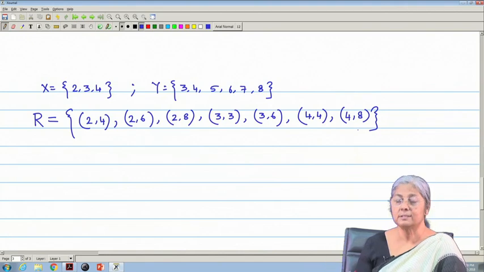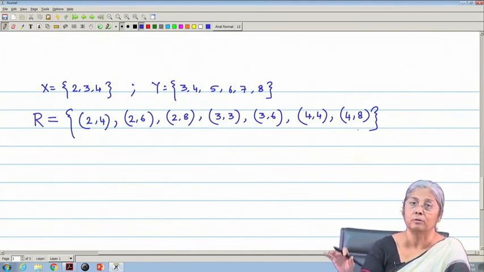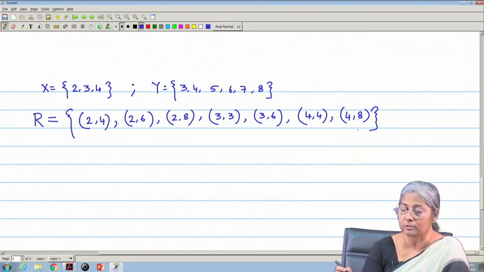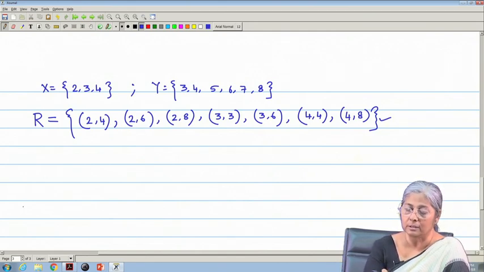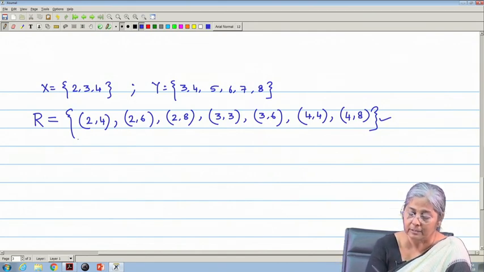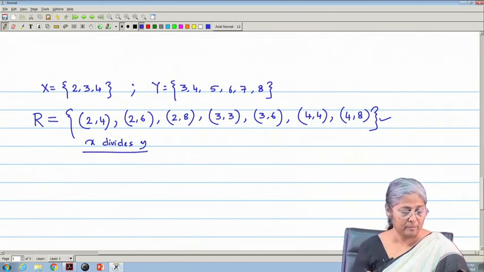This is a subset of the Cartesian product, because the Cartesian product is all possible ordered pairs, and this is the subset for which the relation holds, that is, x divides y.